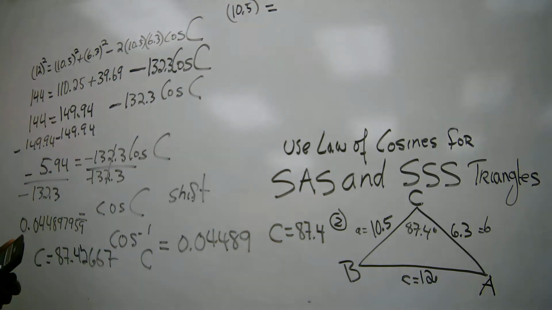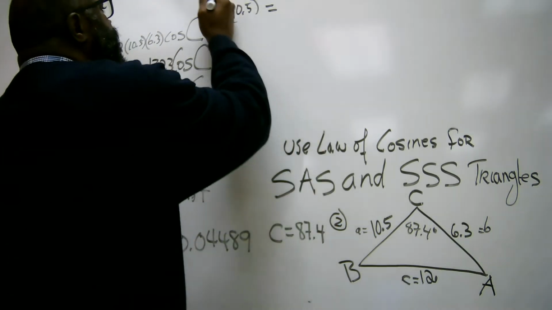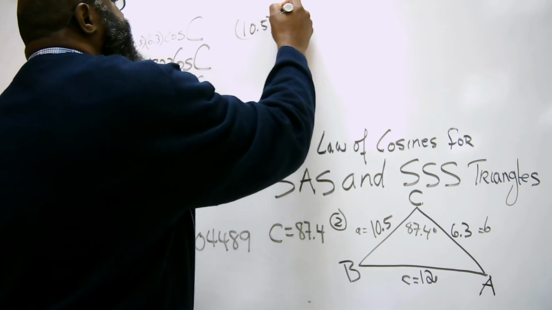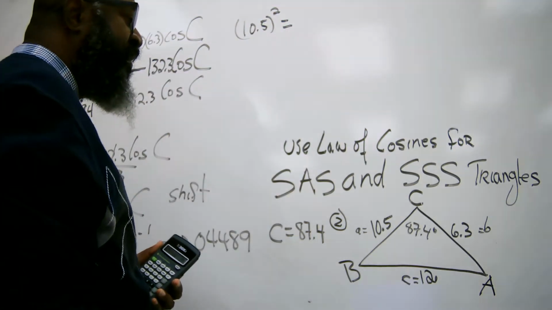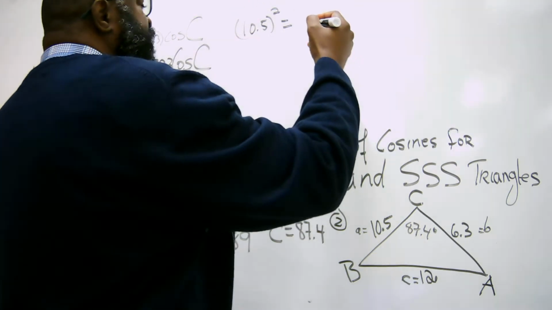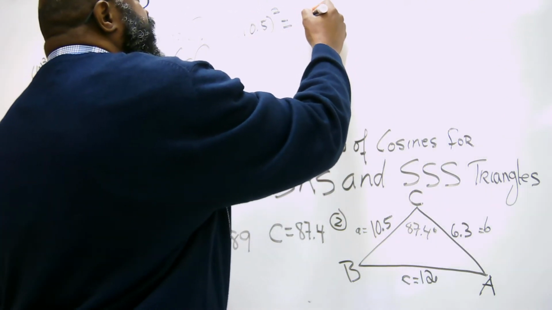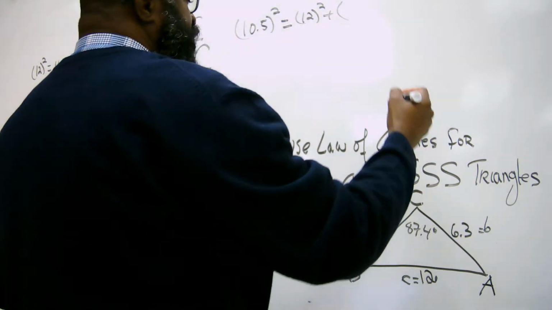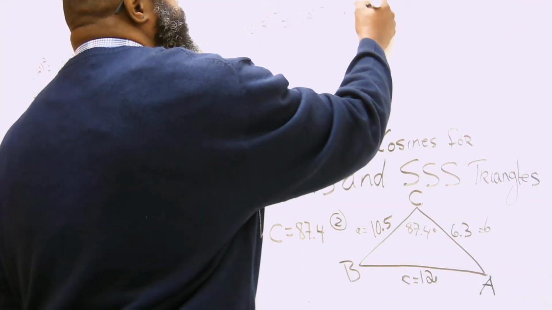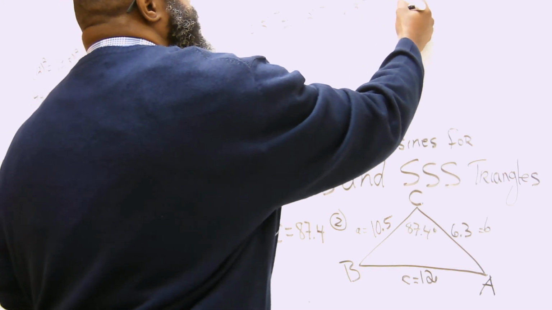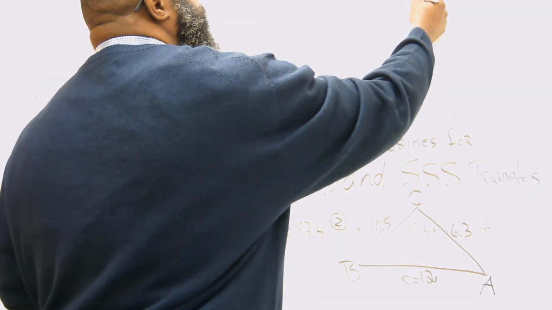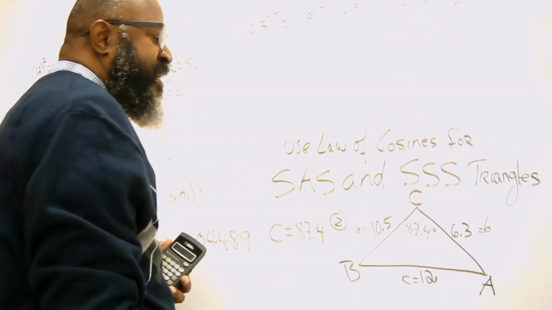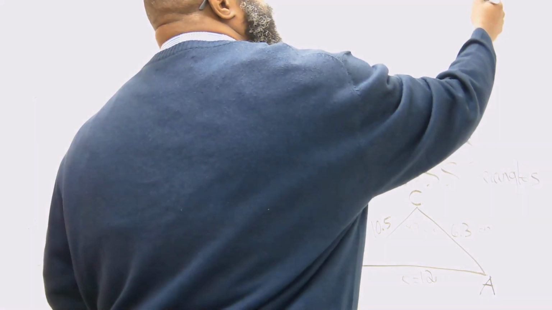So I have 10.5 squared equals C squared, that will be 12 squared, plus B squared, which is 6.3 squared, minus 2 times C, 12, times 6.3, times cosine A. I'm looking for angle A.